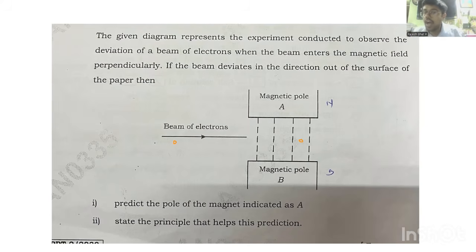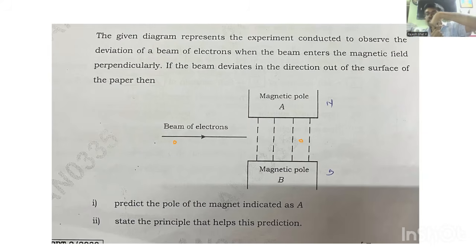I have the force direction, I have the current direction. The force is towards me. See this index finger, it is going downwards. The beam of electrons is going this way, opposite is current.